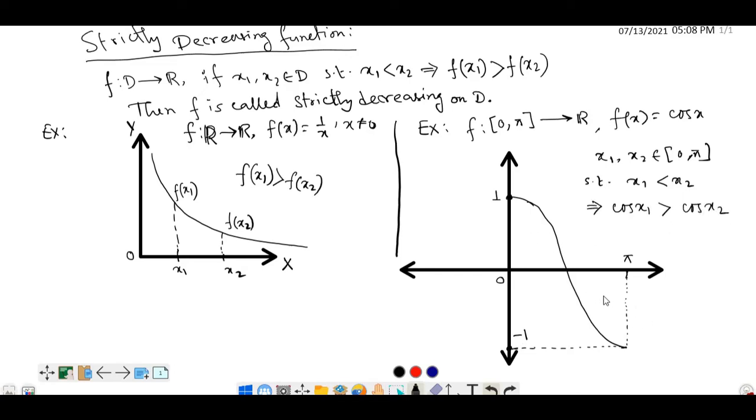From the graph also you can verify it. So the function cos x is a strictly decreasing function on the interval 0 to pi.